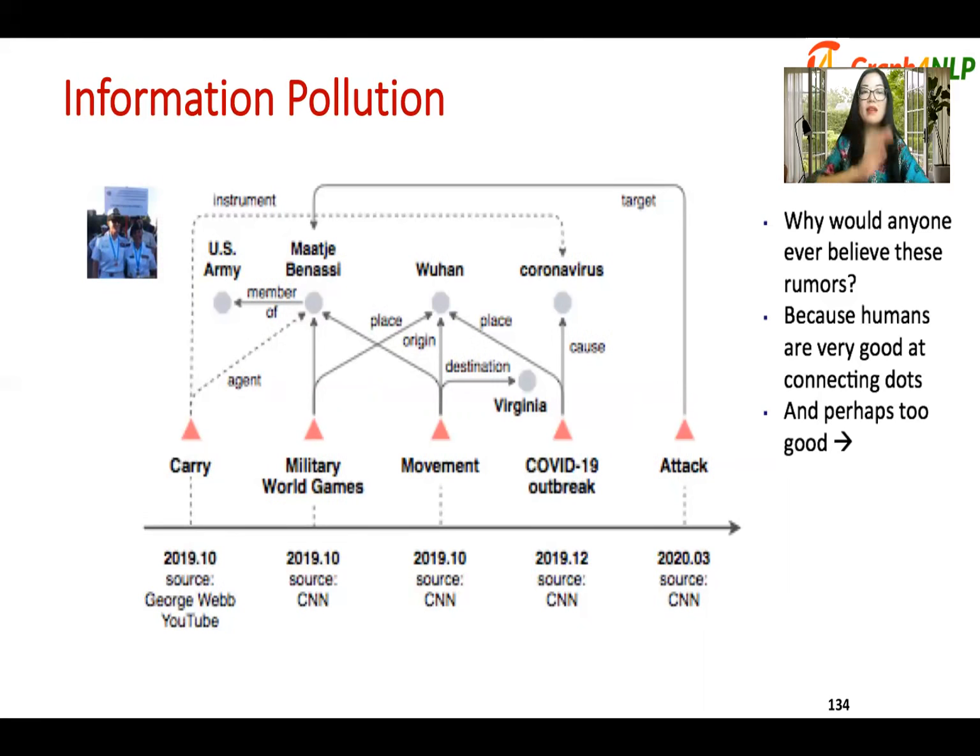For example, here, this woman soldier was falsely accused as patient 0 of COVID-19, even though she was never tested positive. The reason is that she traveled to Wuhan in October, and then she came back. If you look at all these connections, it's likely to convince any audience that maybe this is true information, right? So that's how fake news was created.